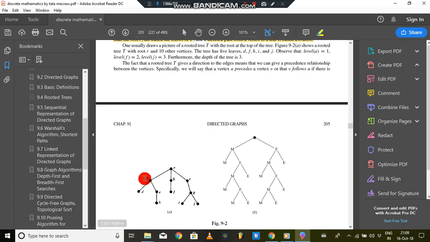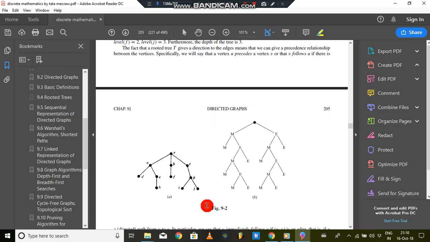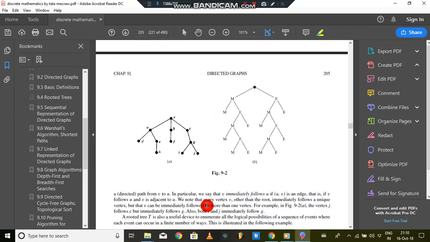This one is 1. And what is the level of this? It is 2. What is the level of J? Count here 1, 2, 3, so it is 3, and the depth of the tree is also 3. So these are some basic terminologies of the rooted tree.